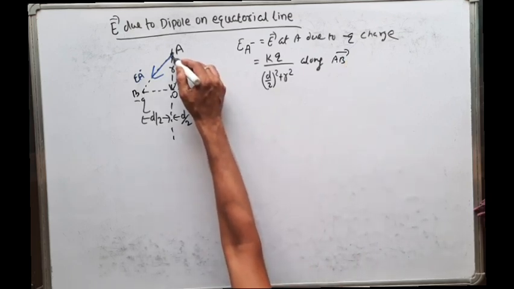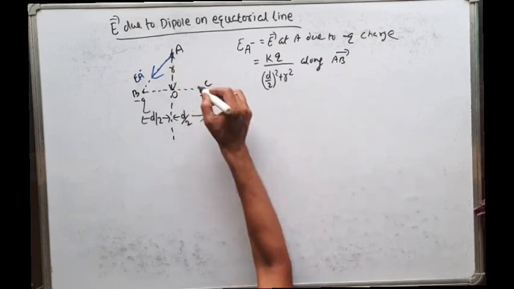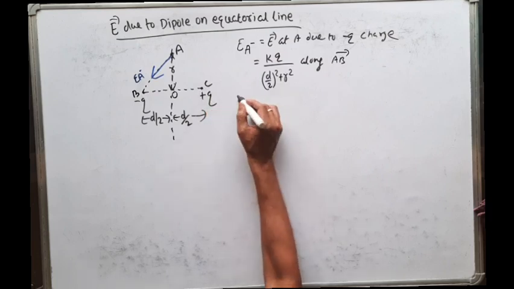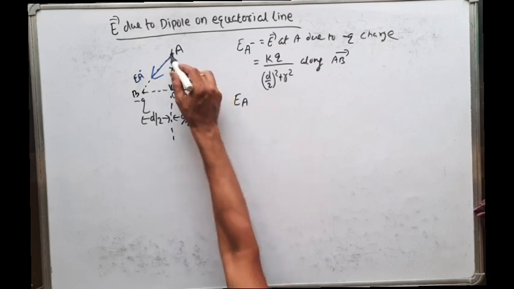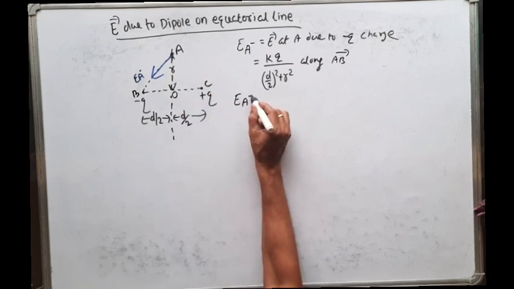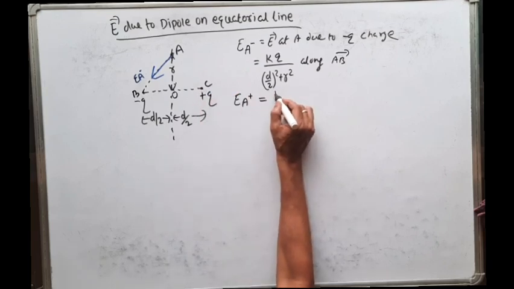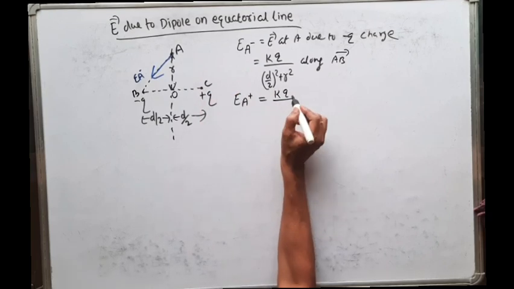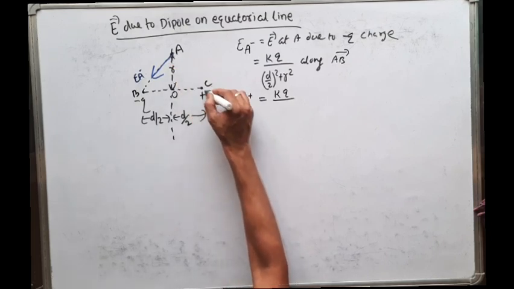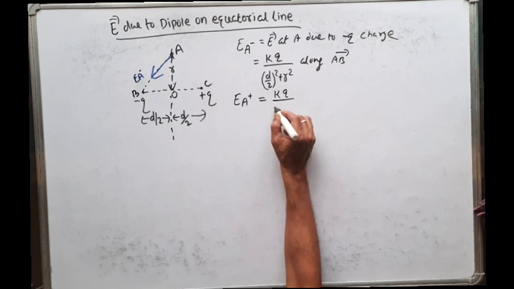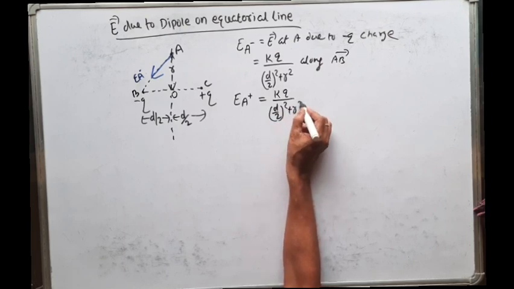Similarly, find the electric field intensity at point A due to the charge at C, that is the plus q charge. So that is the electric field intensity at A due to the plus charge. I am writing plus. What is the value? kq by the square of the distance. The square of the distance is the same: here r, here also d by 2, so (d by 2) whole square plus r square.